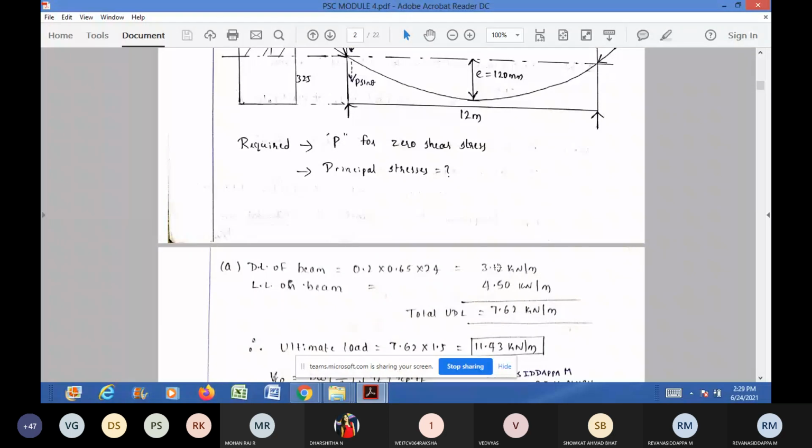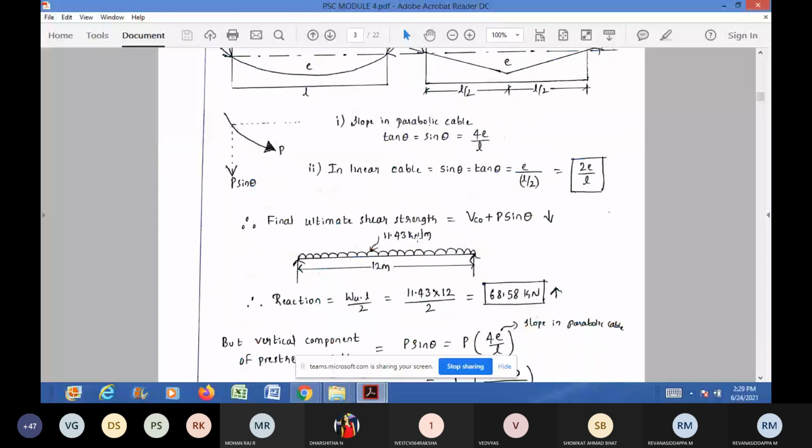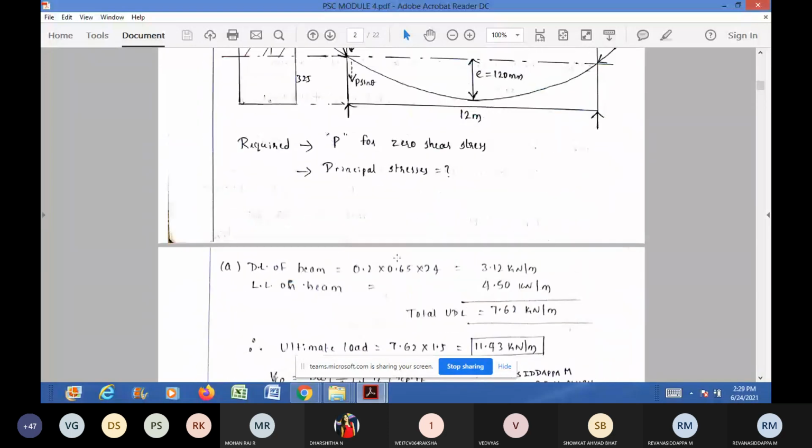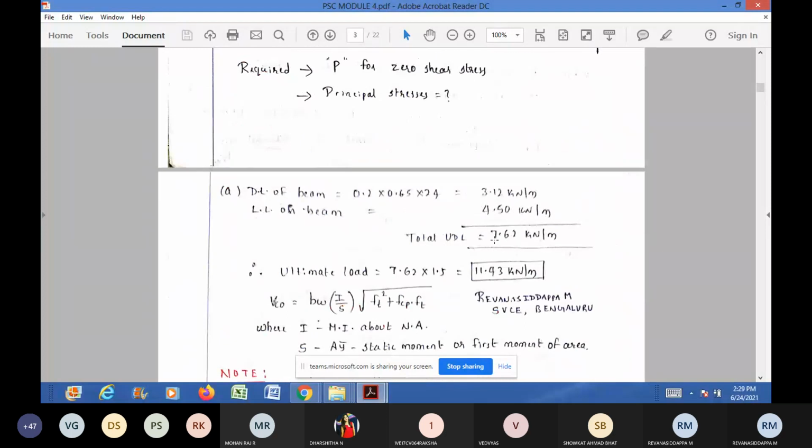Now we need to find this shear force V_U. To find shear force, first you calculate the total load which acts on the beam. After knowing the total load, you can calculate shear force. Dead load of the beam is 3.12 kilonewton per meter and live load on the beam is given in the problem, that is 4.5 kilonewton per meter.